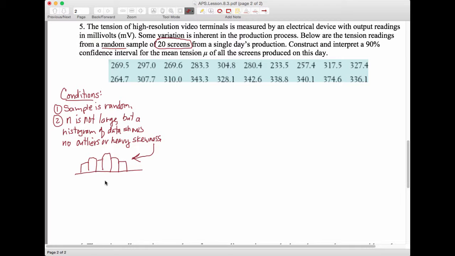So even if you just do a Zoom statistics, Zoom 9 on your calculator, you should be able to see at least no evidence that the population is not normal. So we will proceed cautiously from that. And then surely, according to the story, surely 20 of these things is less than 10% of all video terminals.